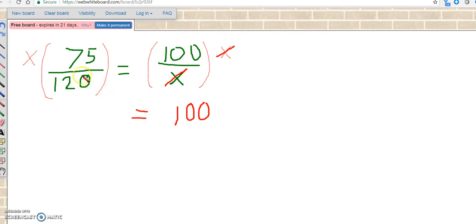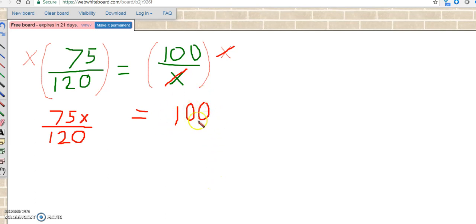And on the other side, we're going to have 75x over 120, okay? Again, we're trying to solve for x.